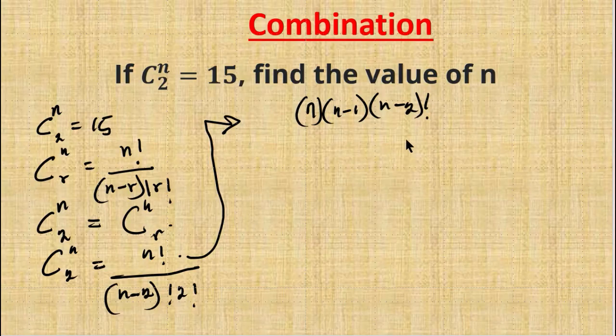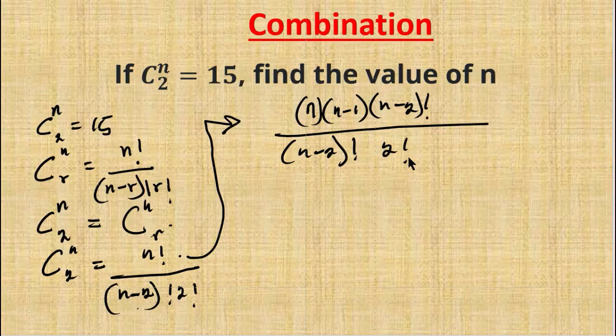Why am I stopping at n minus 2 factorial? Because I have n minus 2 factorial as a denominator. So this becomes n minus 2 factorial here, and 2 factorial equals 15. So that n minus 2 factorial cancels n minus 2 factorial.